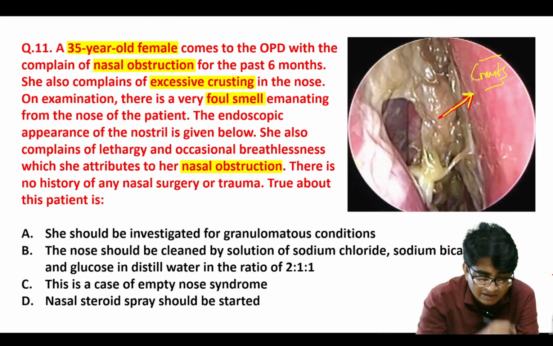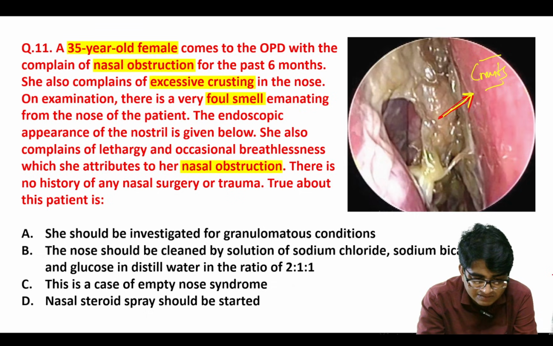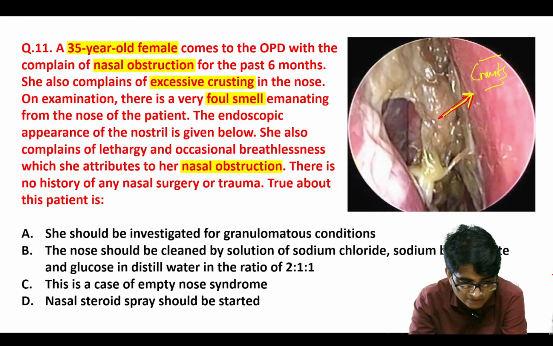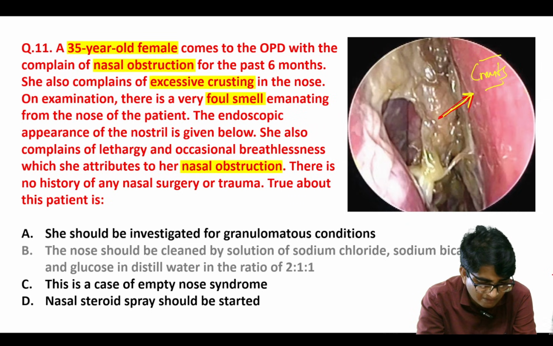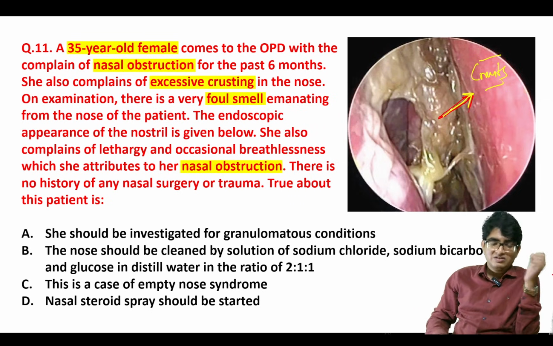Okay, now what happens? The endoscopic appearance of the nostril is given below. She also complains of lethargy and occasional breathlessness, which she attributes to her nasal obstruction. There is no history of any nasal surgery or trauma. So what is true about this patient? Options. Firstly, she should be investigated for granulomatous conditions.